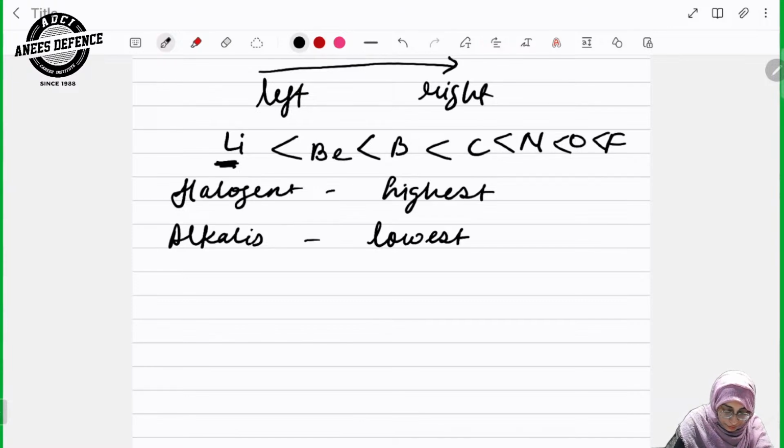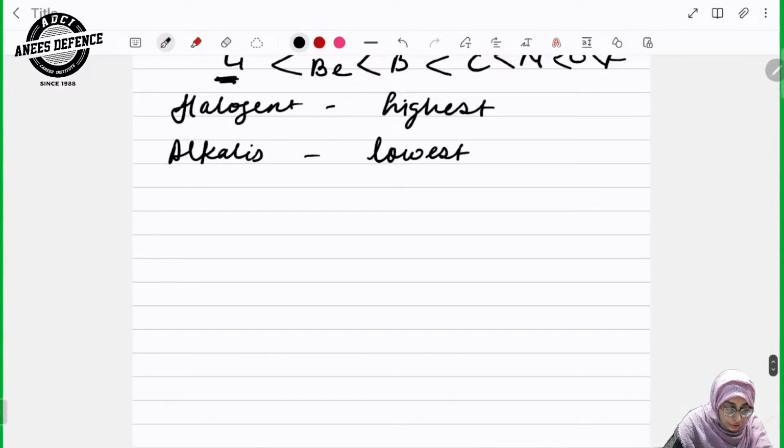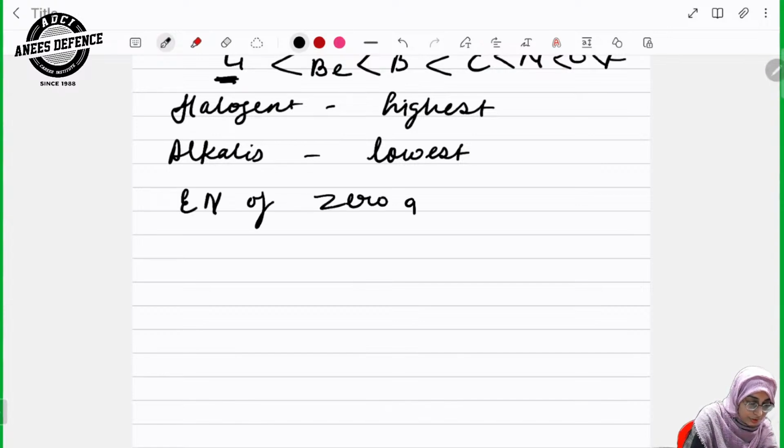And what about the electronegativity of group 0 elements? Group 0 are the noble gases.